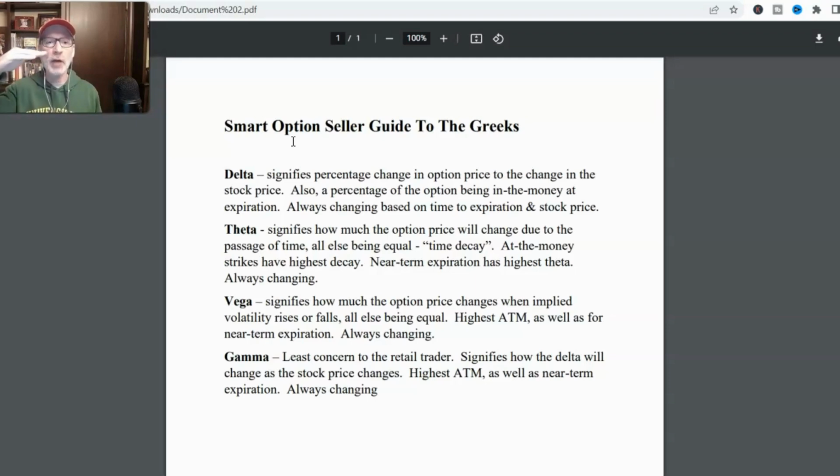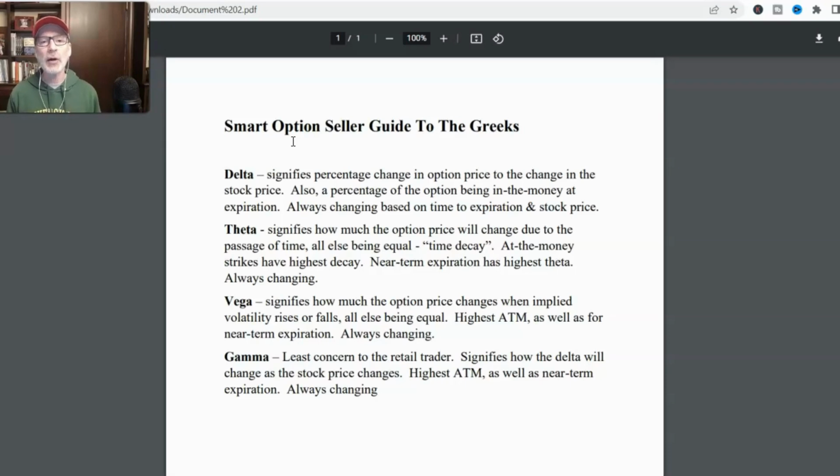Let's just say you have a 50% delta. That means if the stock jumps $1 higher or lower, the option price is going to move about 50% of that. So if the stock moves $1, the option price will move about 50 cents per contract. If you have a 10% delta, so if the stock moves $1, that option price is going to move up or down 10 cents per contract.